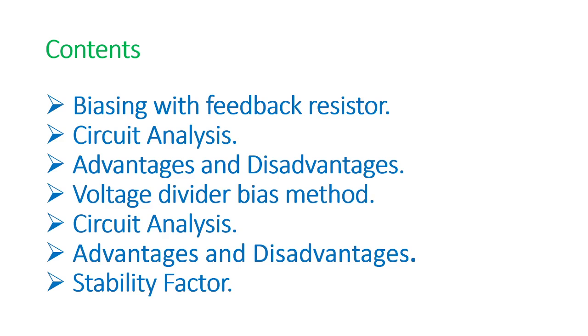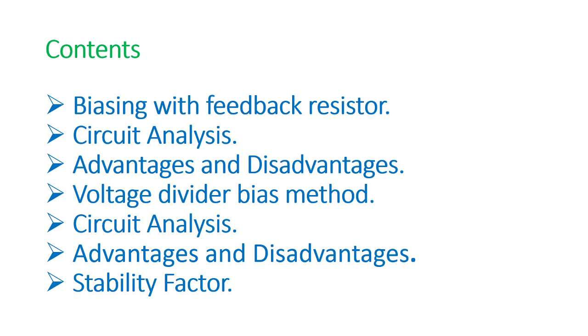Now also we know from the previous lecture, transistor biasing. The maintenance of proper collector emitter voltage and proper flow of zero signal collector current during the passage of signal is known as transistor biasing.